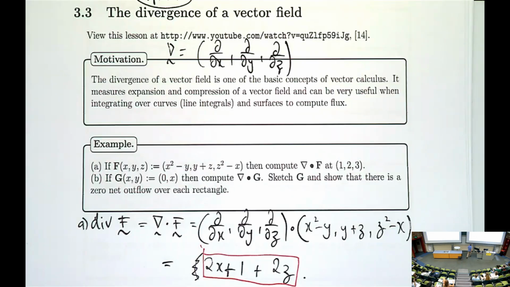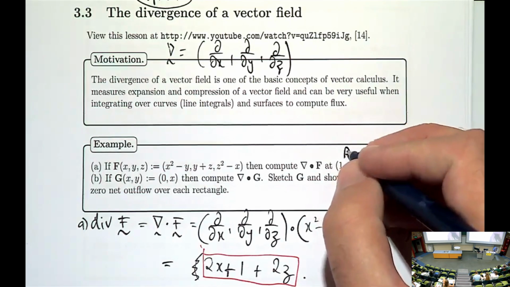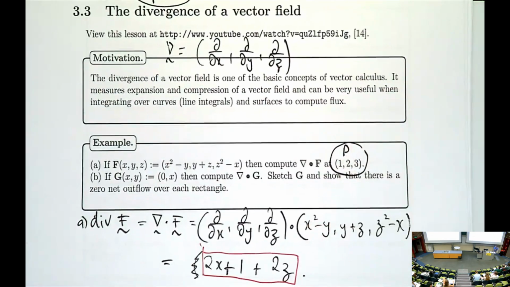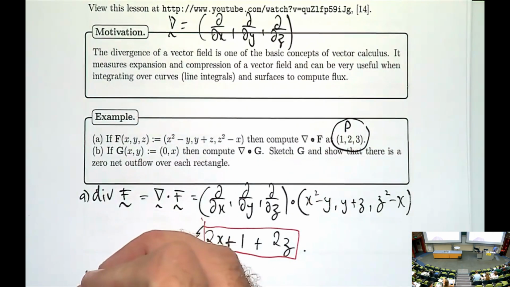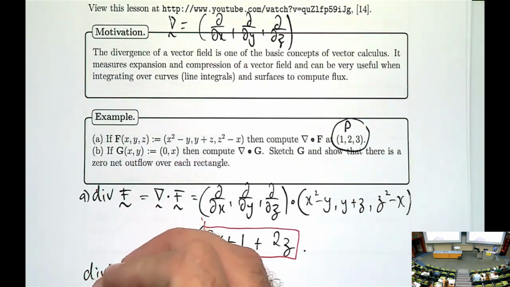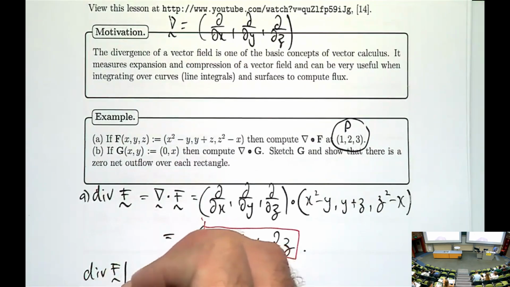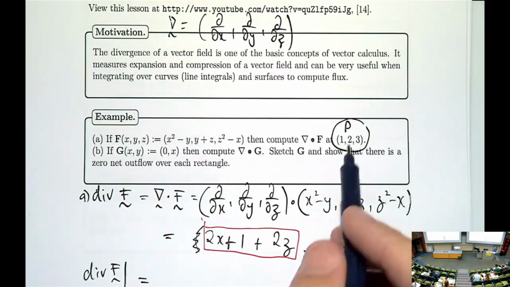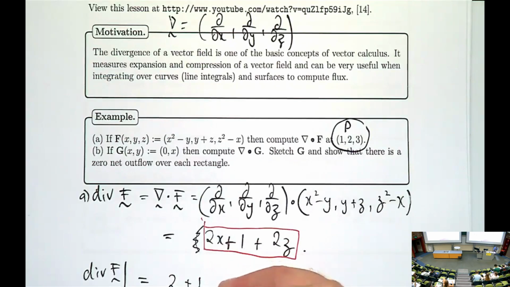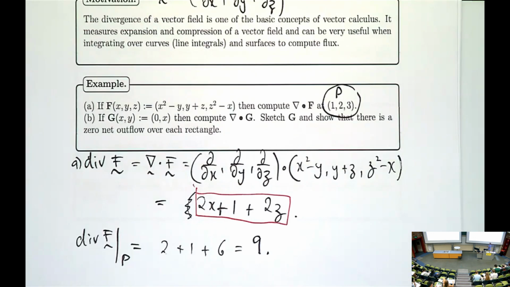All right, let's compute the divergence at the point of interest. Let's call this P. So it'll be 2 times 1 plus 1 plus 6, 9. So it's just a number.